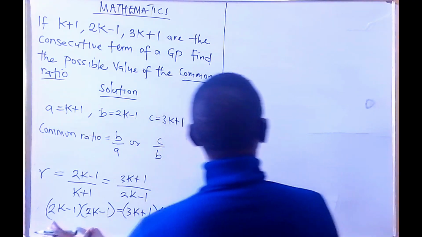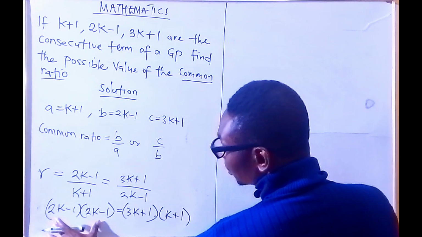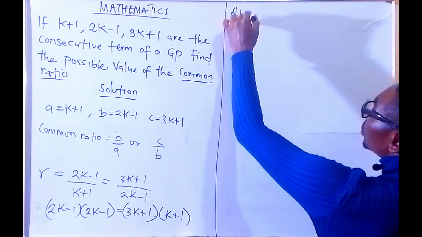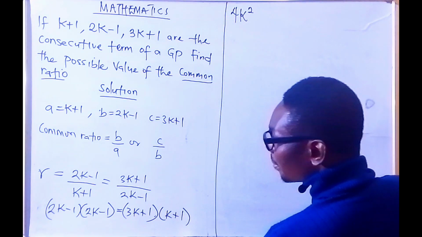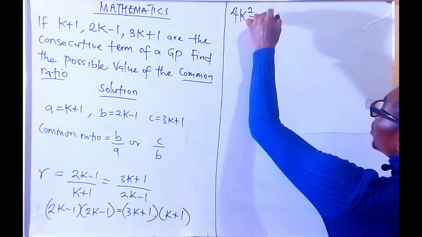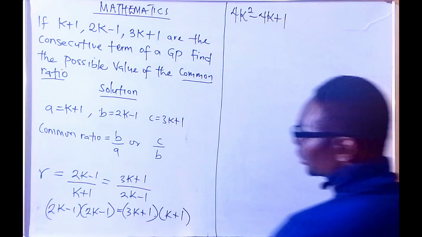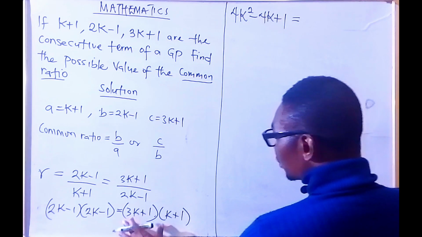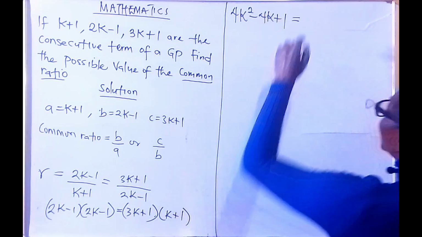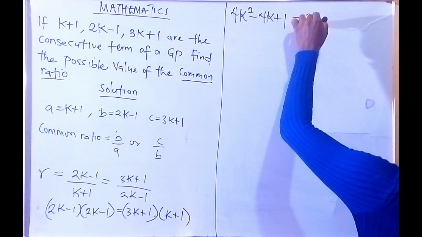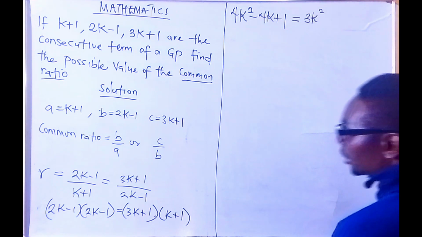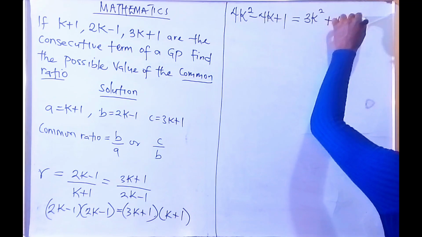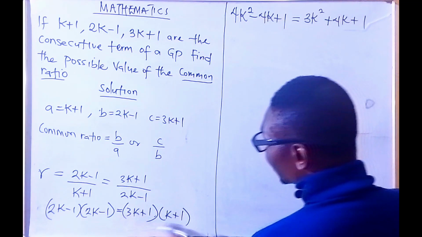If you expand by opening the brackets, you are going to have 4k squared minus 4k plus 1. On the right, 3k times k will be 3k squared, then we have plus 4k plus 1 by expansion.